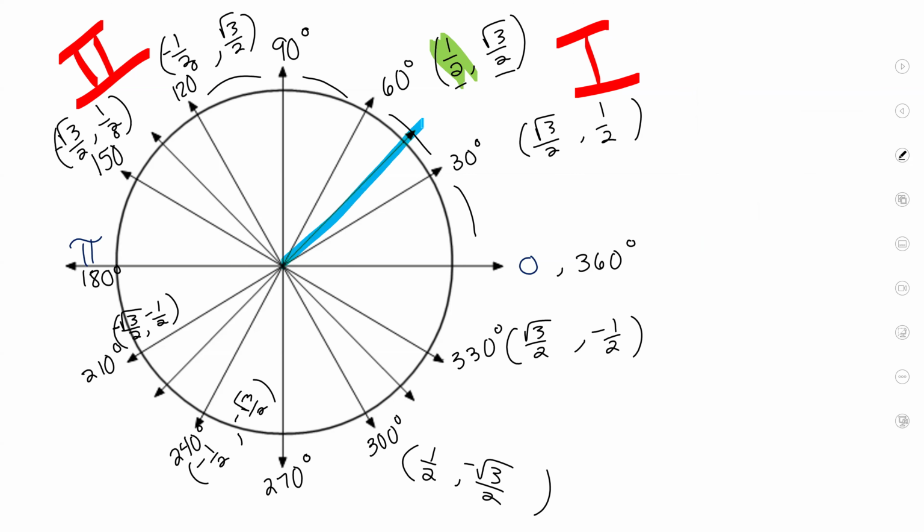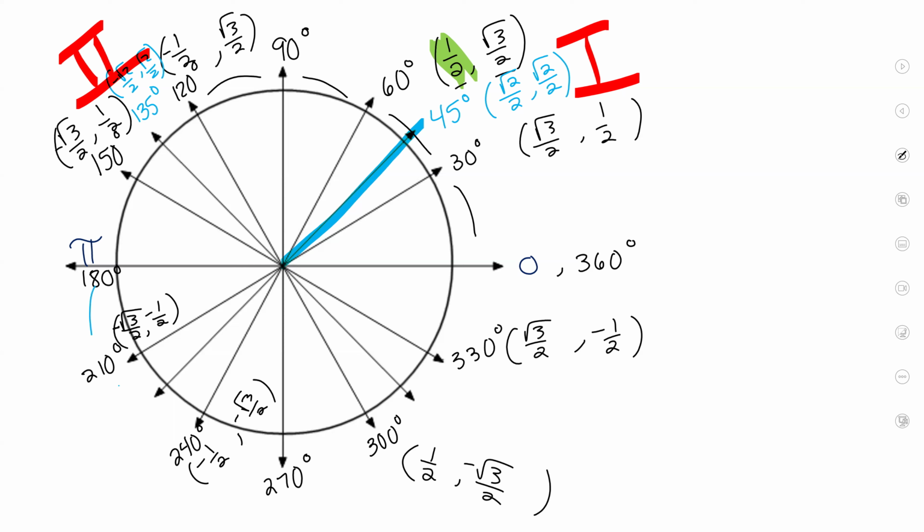So this one is 45 degrees. We said this was 45 degrees, and our coordinates were square root of 2 over 2, square root of 2 over 2. That's our coordinate for 45-degree increments. So that means this one was where? 135 degrees, and your coordinates were negative square root of 2 over 2 and positive square root of 2 over 2.